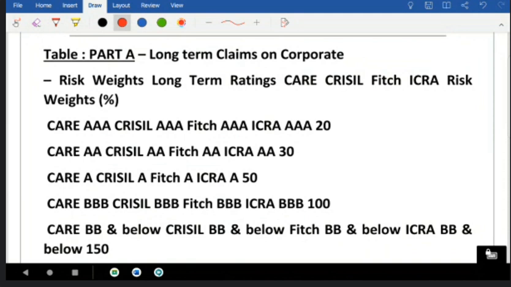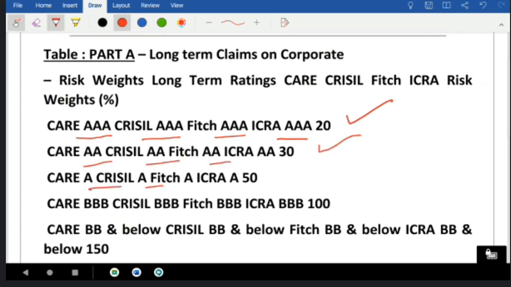Now, long term claims on corporate, risk weight. Long term rating: CARE, CRISIL, Fitch, ICRA, and risk weight percentage. Like their risk rating is given here. CARE AAA, CRISIL AAA, Fitch AAA, ICRA AAA: 20%. Same thing we discussed previously. Double A: 30%.